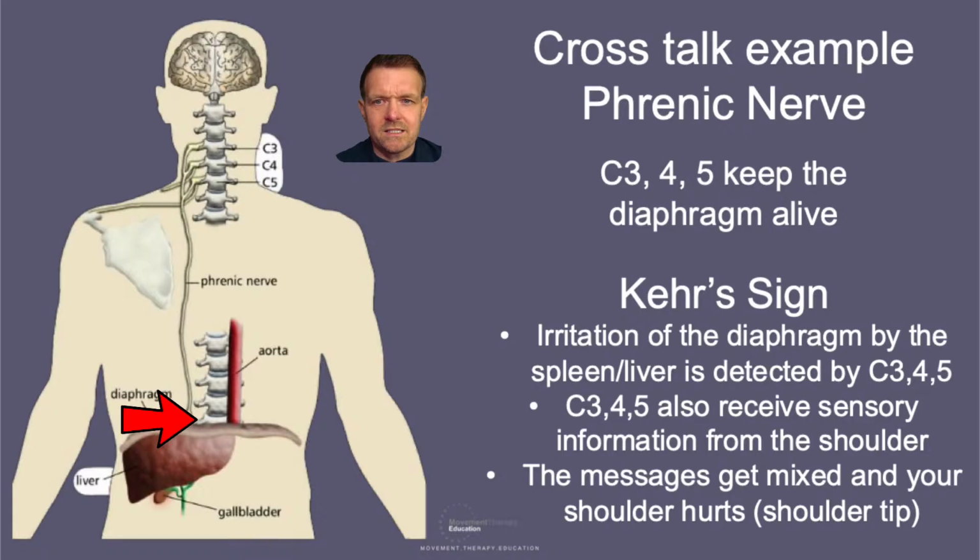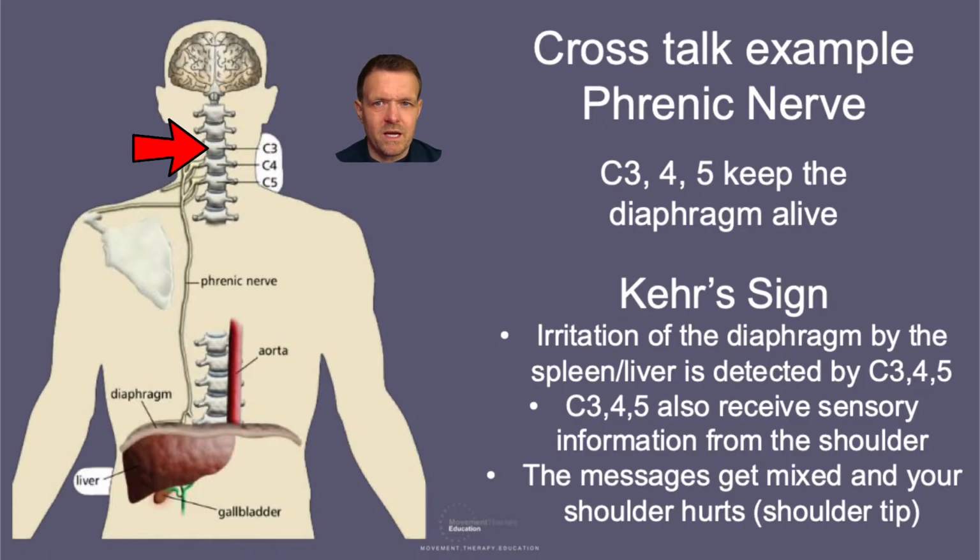And the sensors on the diaphragm, when there's an irritation with the liver, they send that information up to C3, 4, 5, which is what it's supposed to do. Then the brain receives that information saying, right, there's something going on at C3, 4, 5. What could that be?